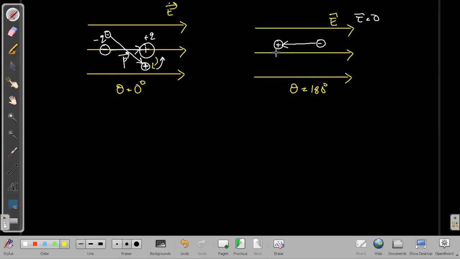The reason is if you just displace it from this orientation, then positive charge may come here, negative charge may come here. The dipole will be like this. It cannot remain like this. What would happen? This positive charge will experience a force in this direction, negative charge will experience a force in this direction. Then this will start moving in the same direction.